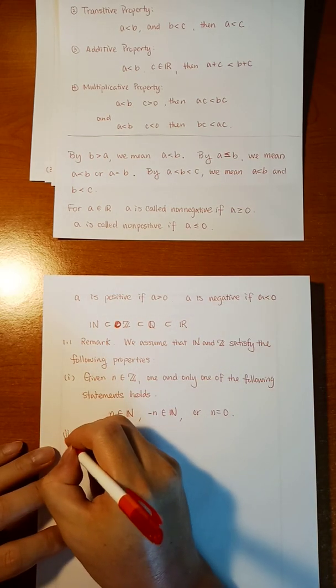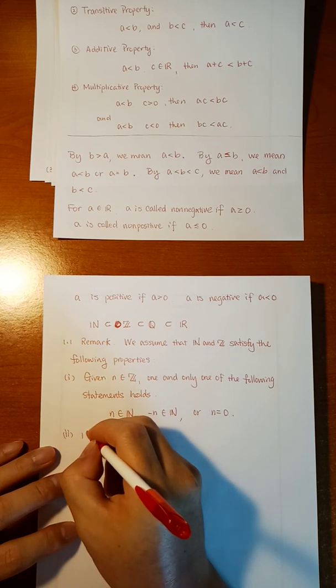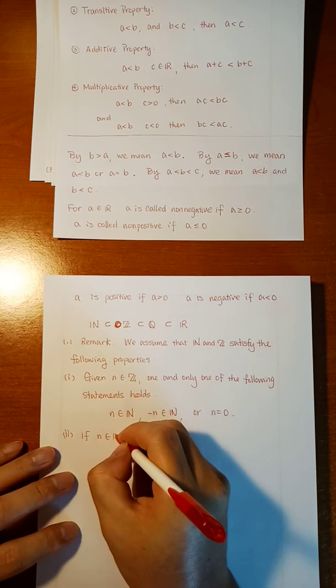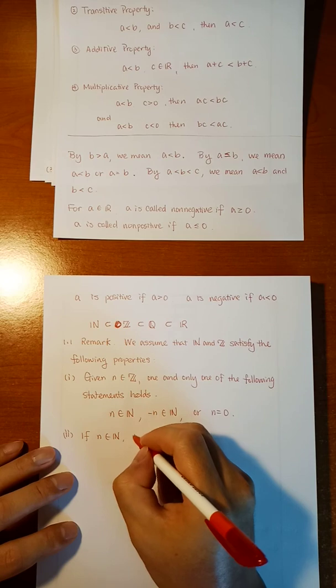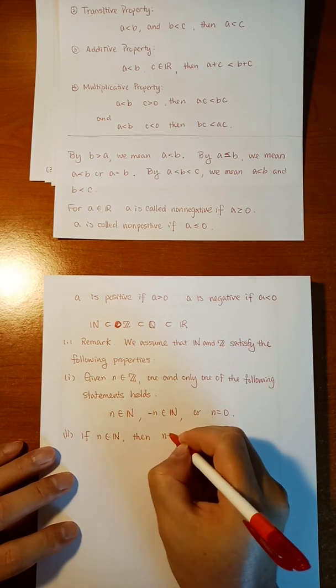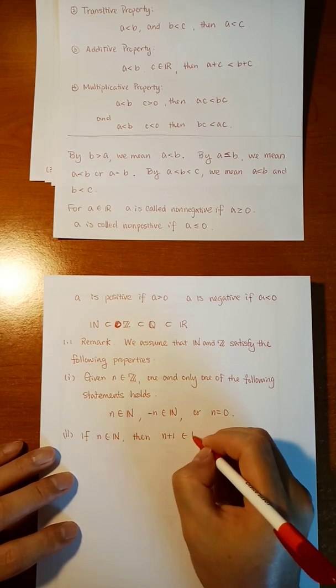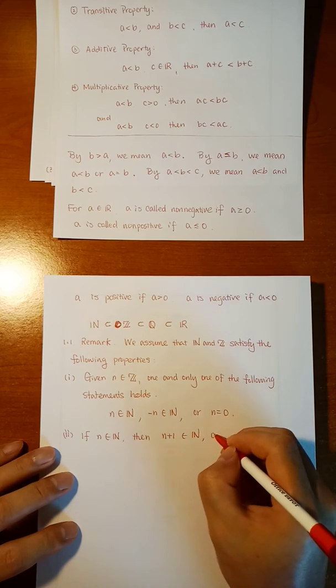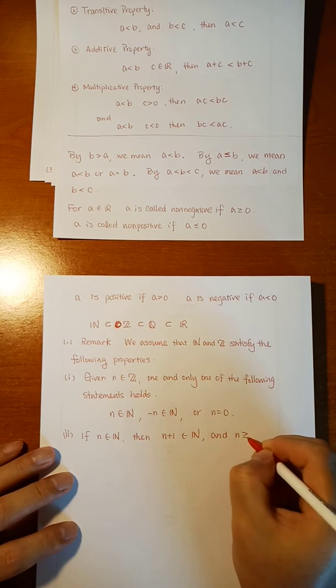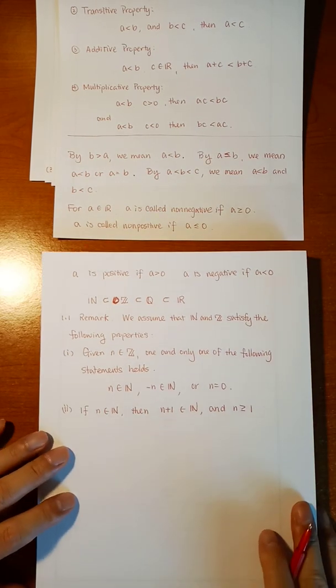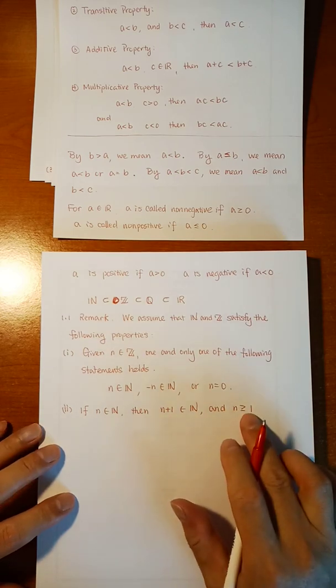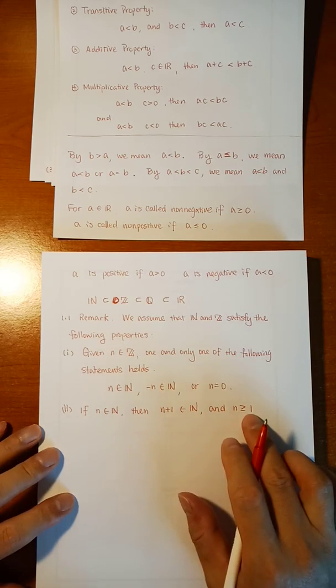Second, if n belongs to the natural numbers, then n plus 1 also belongs to the natural numbers, and n is greater than or equal to 1. So basically the smallest natural number is 1.